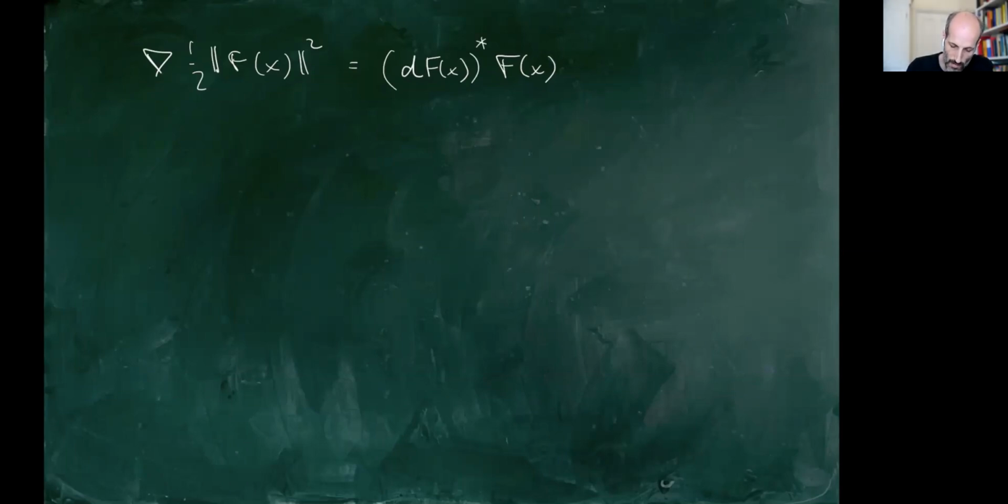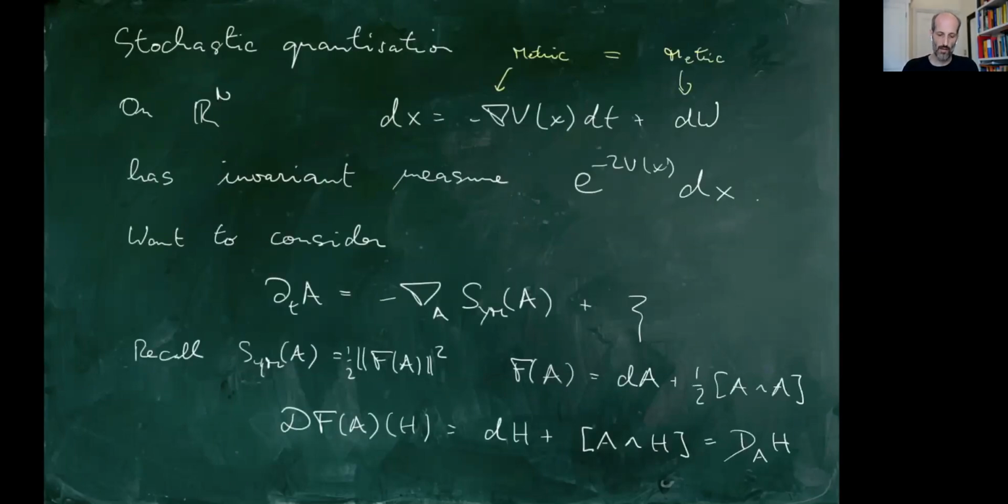Okay, so let me just set things up properly. We have some state space, say V, and then F takes values in some other space, W, and both of these are normed. That's the situation that we've got, because A is a connection, so it's basically a 1-form, and we have a natural norm there, which is the L2 norm on 1-forms, with our adjoint invariant norm on the Lie algebra.